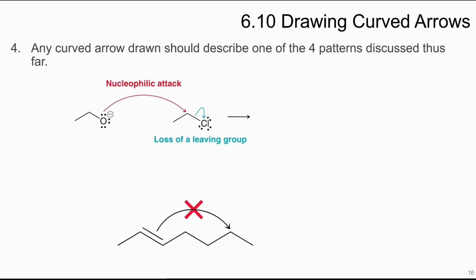Any curved arrow drawn should describe one of the 4 patterns discussed. So we either are drawing a nucleophilic attack or a loss of a leaving group. Again, this is the same product that we keep seeing. But this arrow here is not reasonable. It violates the octet rule.